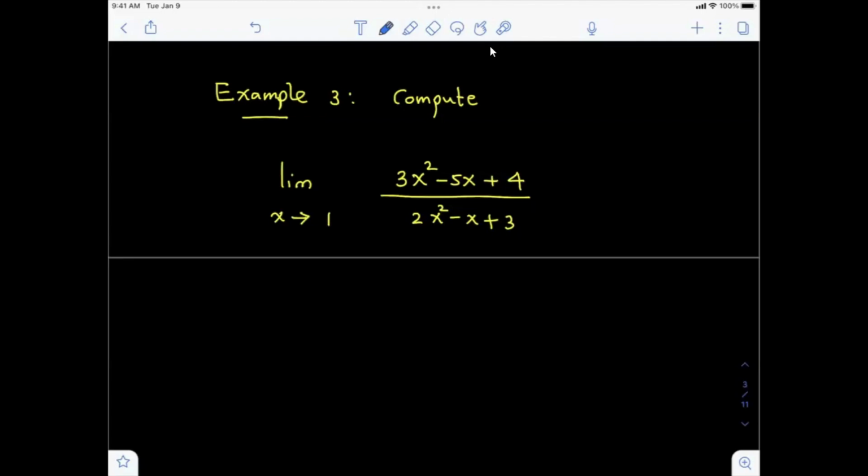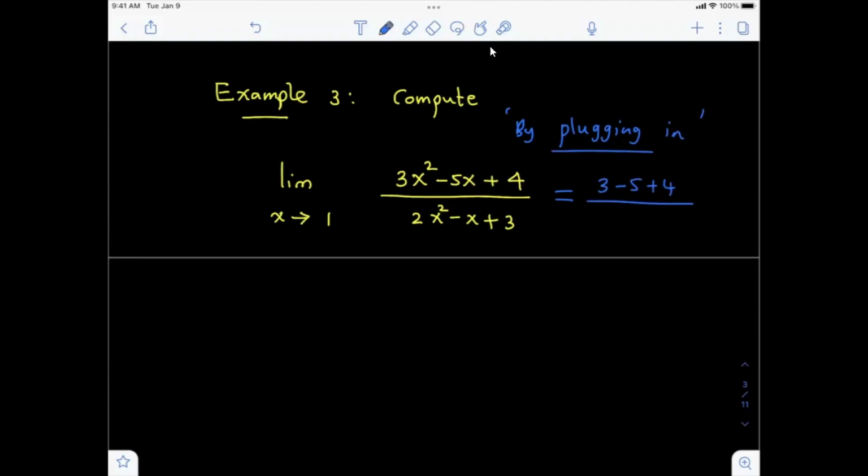Now, if you directly plug in x equals 1 in this expression, this is what you're going to get. By direct computation, I would call it plugging in directly without doing anything. You're going to get 3 minus 5 plus 4. Obviously, that is not going to sum up to 0, which is a good sign.